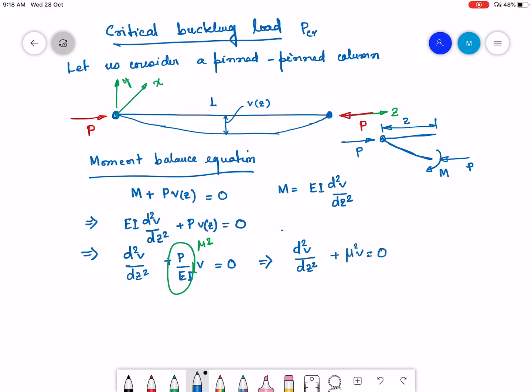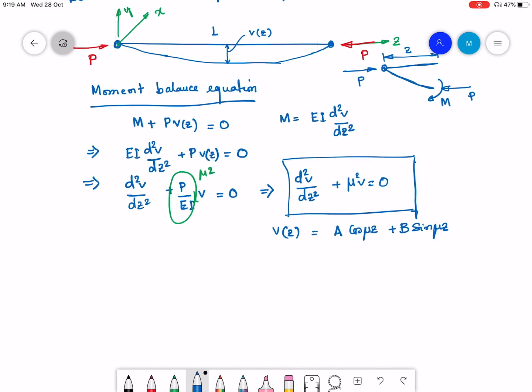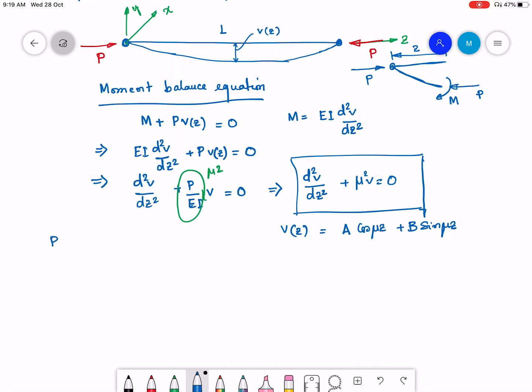So this is the equation in terms of v. Now if I try to solve for v, the solution of v(z) is going to be a cos mu z plus b sin mu z.